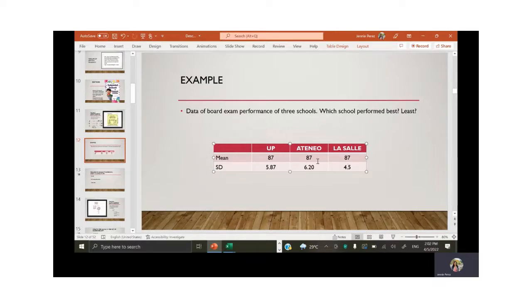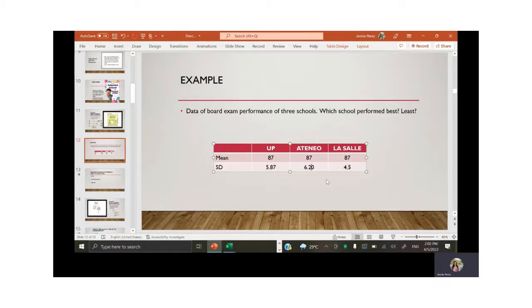Although they all have the same mean score, 87, most likely with this kind of standard deviation, there are people who have very high scores, but there are also people who have very low scores.